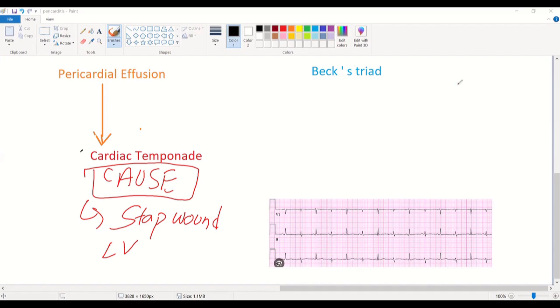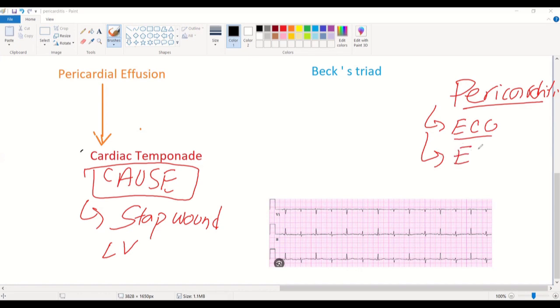So in pericarditis, the first line investigation is ECG, right? Next investigation is echo. Echo will show pericardial effusion.